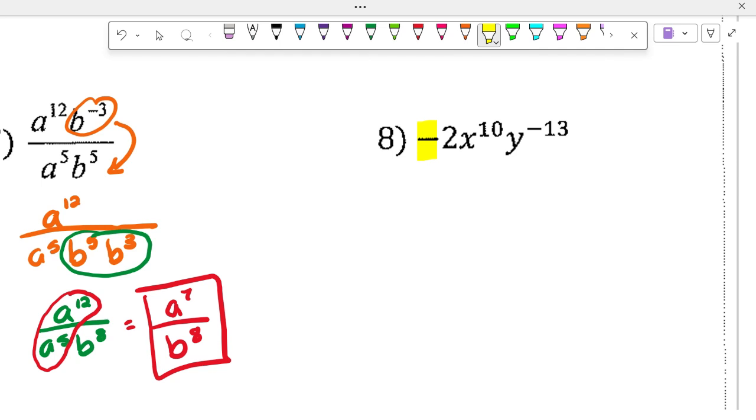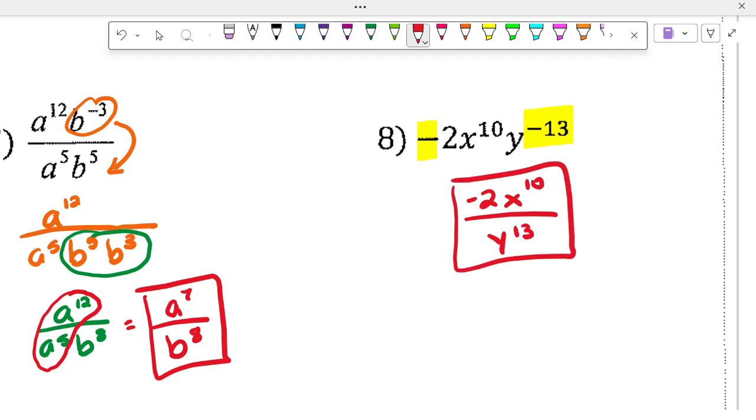It just means we're multiplying by a negative. Whereas up here, that's actually in the exponent. So really pay attention to where those negatives are. If the negative is not in the exponent, it's considered part of the coefficient. So in reality, what would this be? Negative 2x to the 10th over y to the 13th. Good. And the only reason I'm bringing this up is that I've seen it happen a lot.